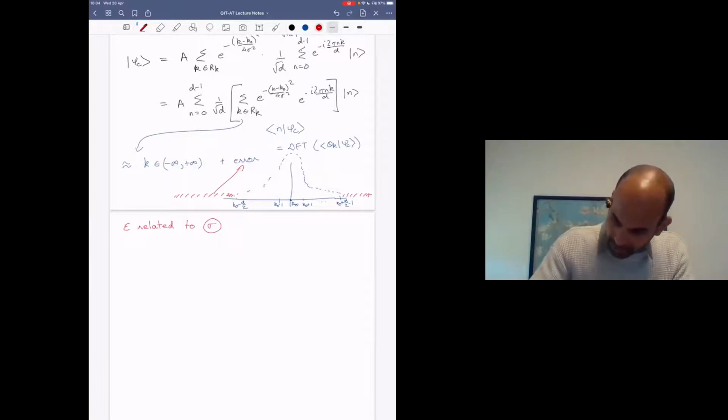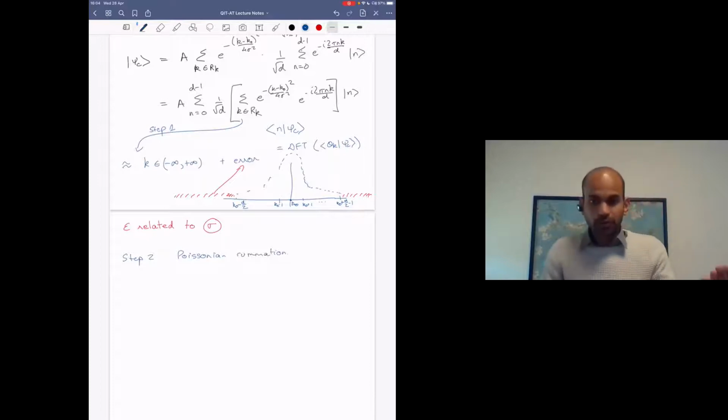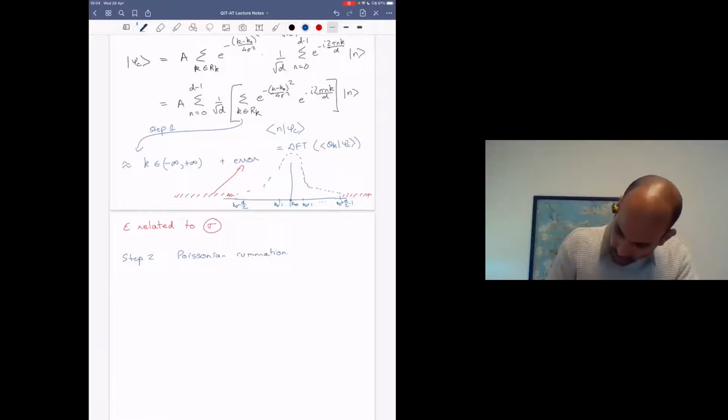Once we have that, this is sort of step one. Then step two is to actually do the Poissonian summation formula, which allows you to go from the sum in K to a sum in N. So it goes from a sum over K belonging to minus infinity to plus infinity to a sum over N belonging to minus infinity to plus infinity.